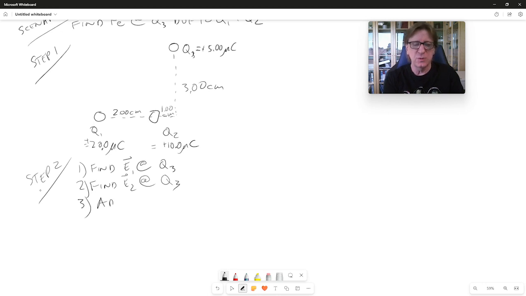Then we're going to add the vectors E1 and E2. Remember, we're going to have to add those using components. And then finally, we're going to multiply our total E field at Q3 by the value of Q3 itself, the charge, and that's going to give me the force, which is what I actually want.